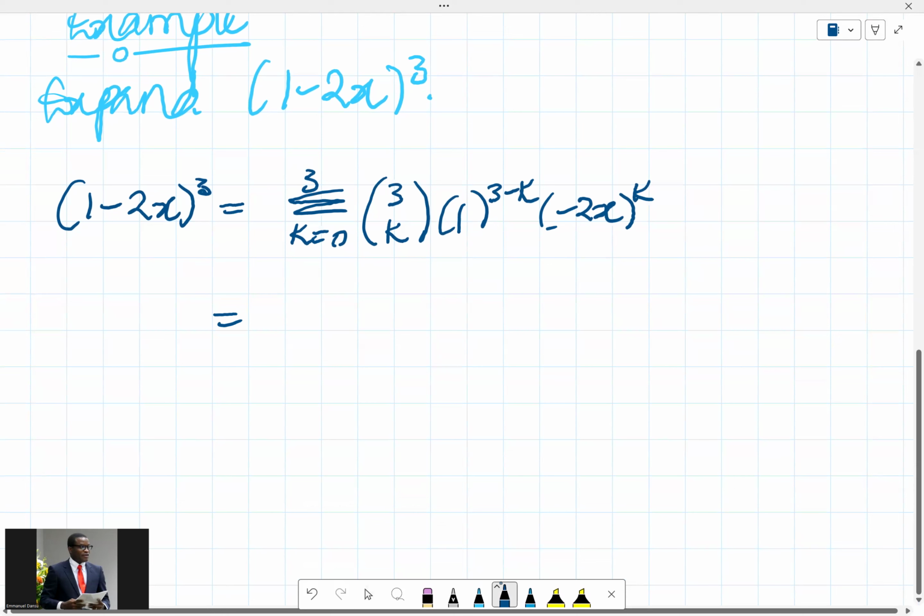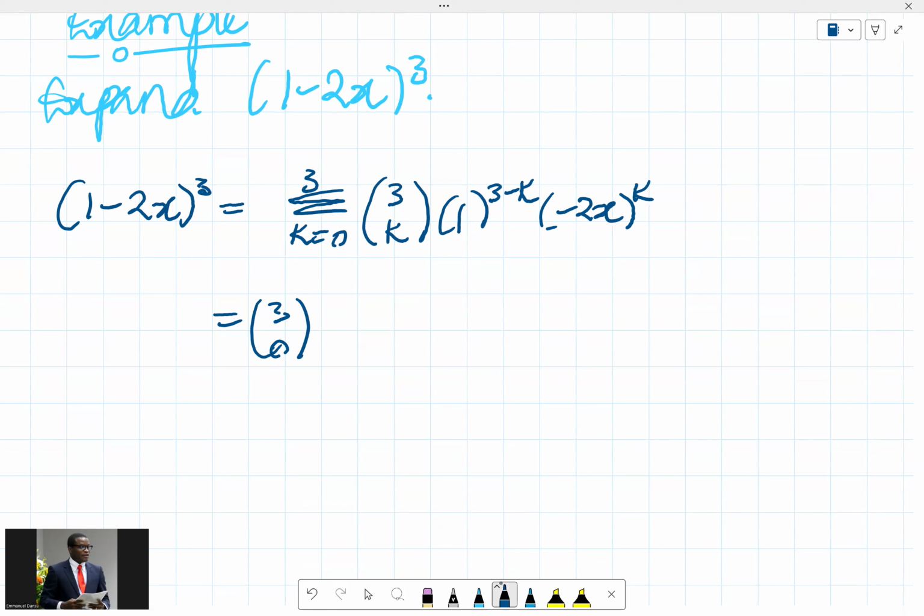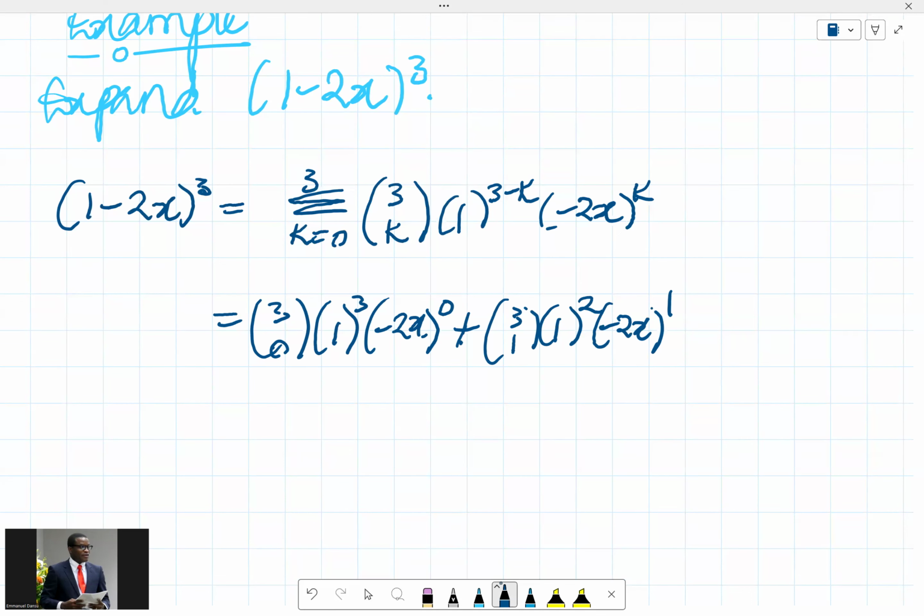If k is 0, for instance, we have 3 combination 0, then 1 raised to power 3 minus 0, then minus 2x raised to power 0. That's the first term. The second term will now be 3 combination 1, then 1 raised to power 3 minus 1, that's 2, then minus 2x raised to power 1.